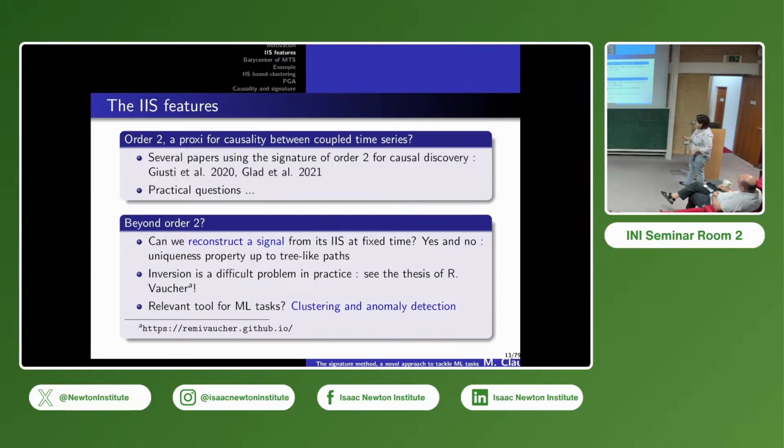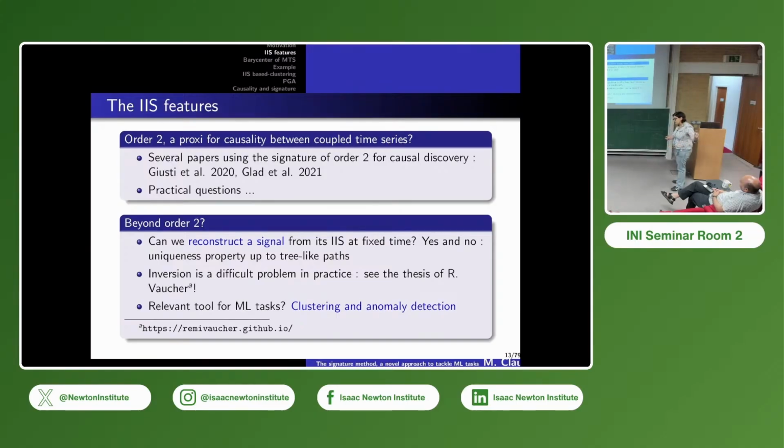So there is now a second question. In fact, we have features. Okay, so we have time series. Using these features, we go to another space, which is a signature space. And we may want to invert the signature to say, okay, I have the signature.